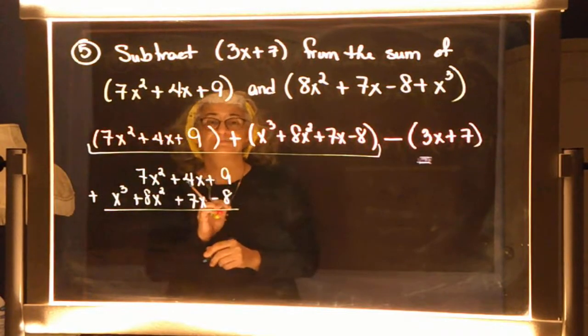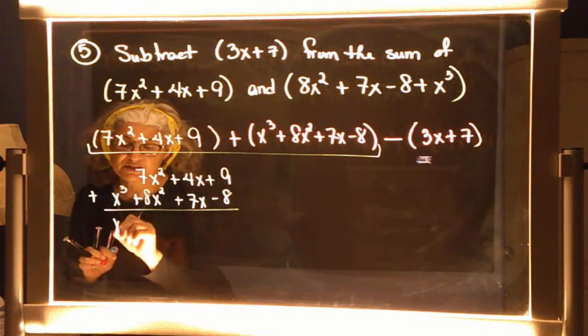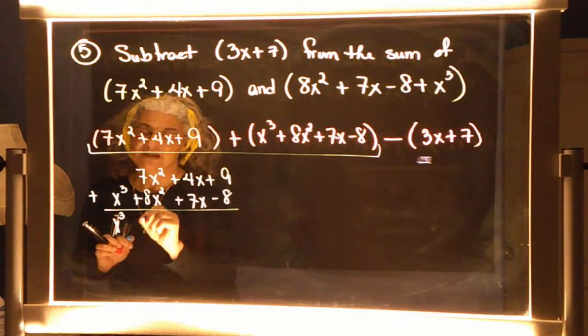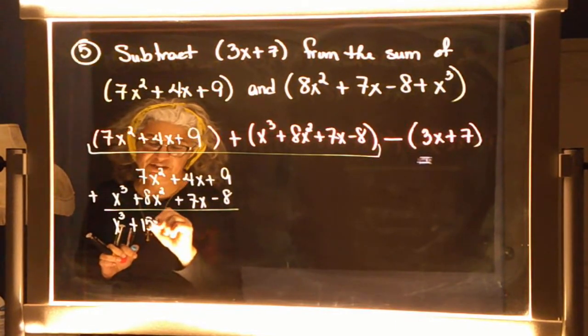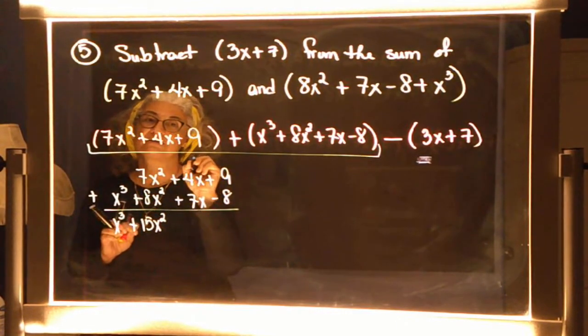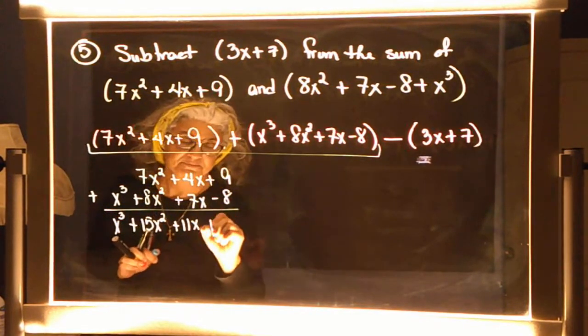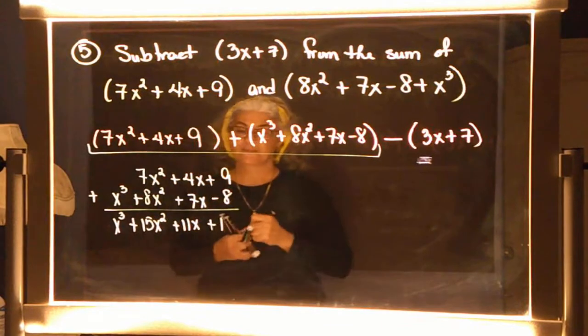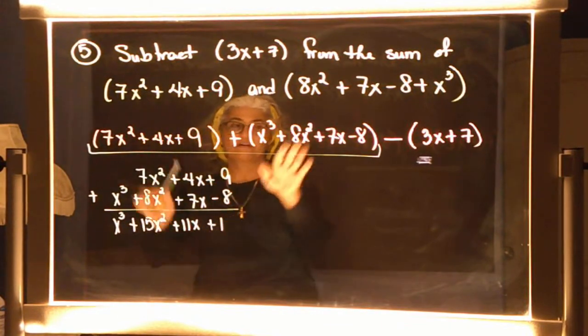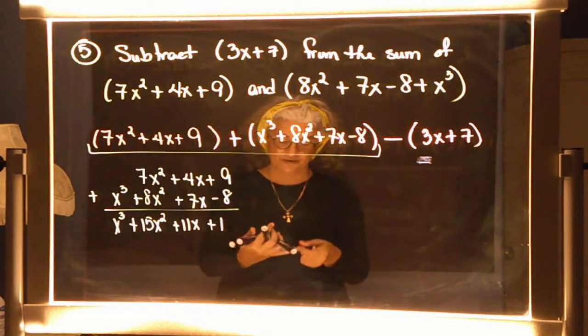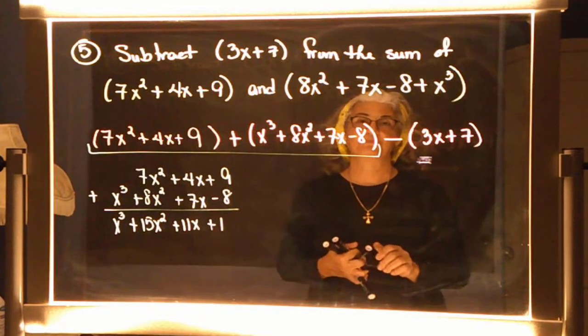So what do we get? Good. This would just be x cubed. Excellent. Plus 15x squared plus 11x plus 1. Okay. So this is the result of adding these two parentheses together. And then what are we supposed to do?